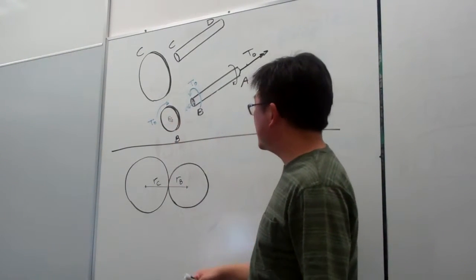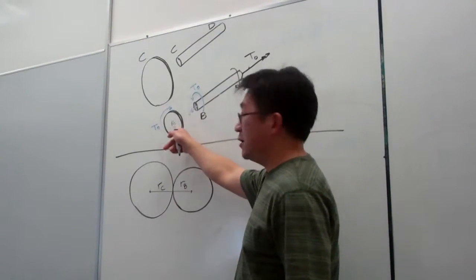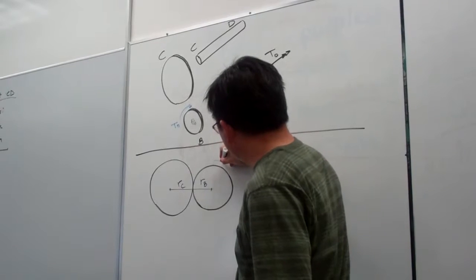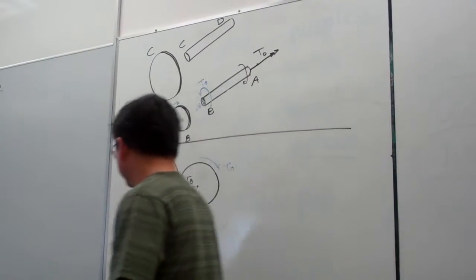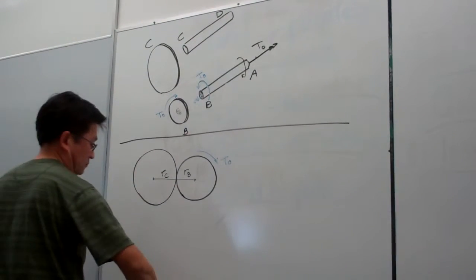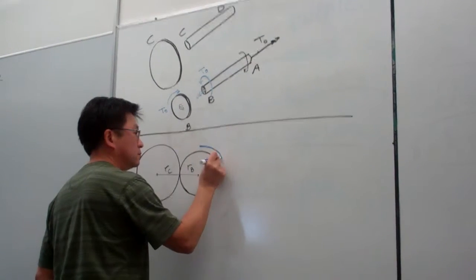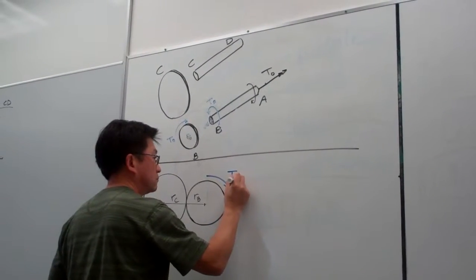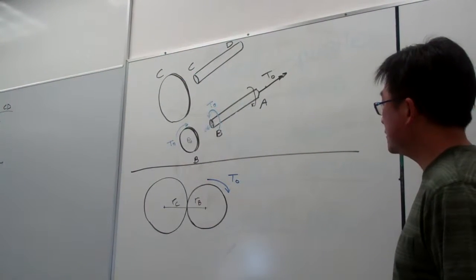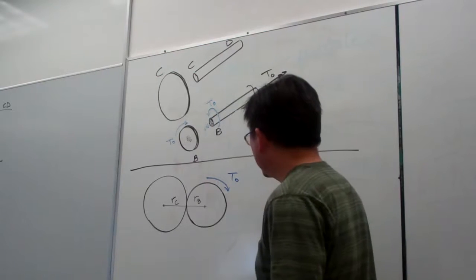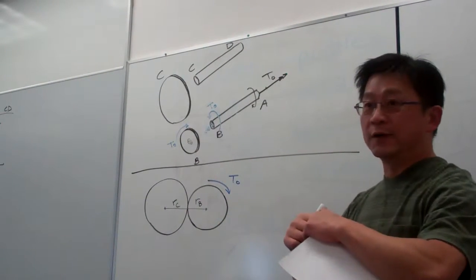Okay, and now I want to set up the information we already know. On the gear B, we have the torque at this rate. Let me call it T0. Okay. And right now the two gears are engaged and they're ready to transmit the torque.